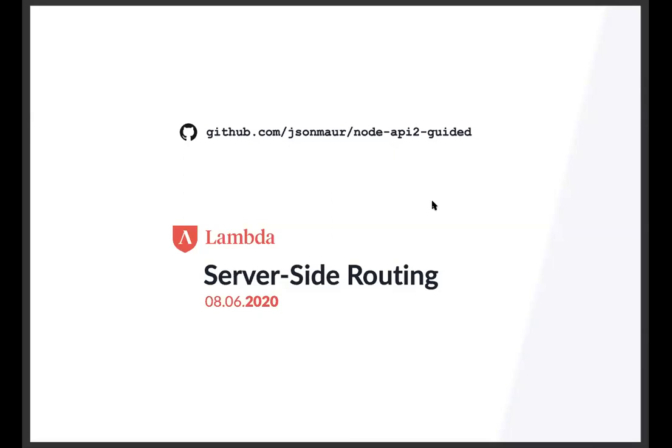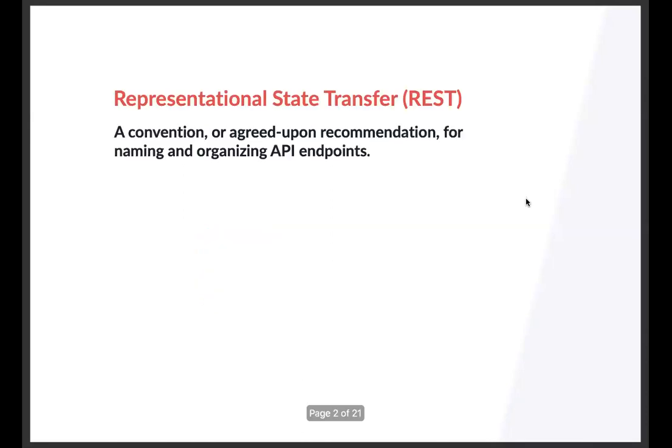So this is where the REST architecture helps us out with our API. REST stands for Representational State Transfer. And it's just a convention or an agreed upon recommendation for naming and organizing our API endpoints.